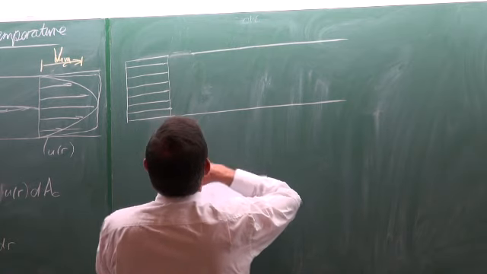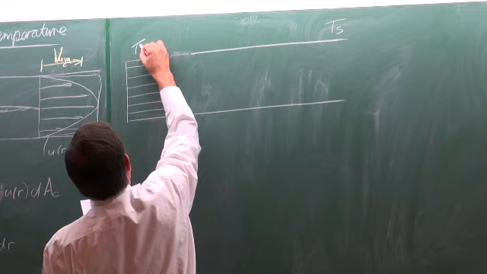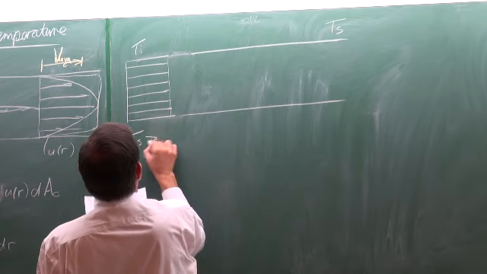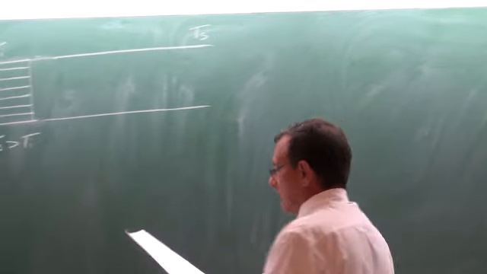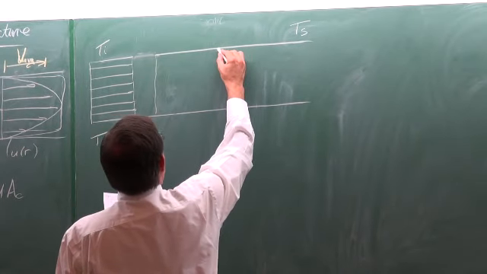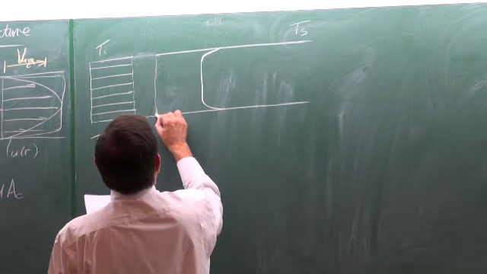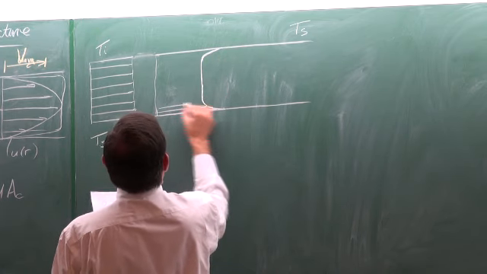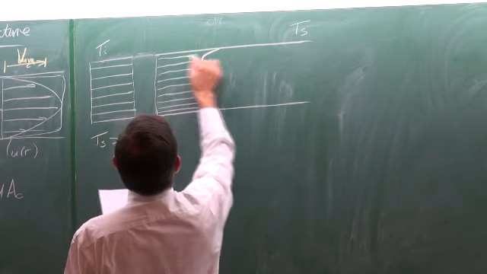Now let's suppose this is Ts and that is Ti, and the surface temperature is higher than the inlet temperature of the fluid. What is going to happen now is that the temperature distribution is going to look at the inlet something like this.